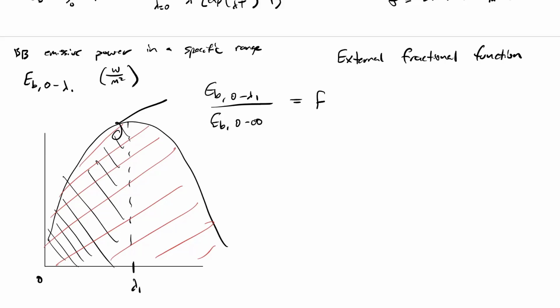All right. So just to write that out, to give you kind of a full definition of it, it looks something like this. We'd say my fractional function from, say, 0 to lambda 1 is going to be the integral from 0 to, well, let's save the integral for a second. Let me just write out Planck's law first. So C1 over lambda to the 5th times exponential of C2 over lambda T minus 1.